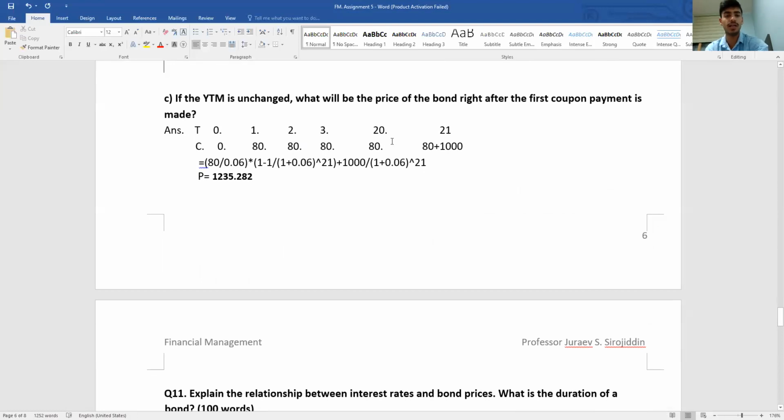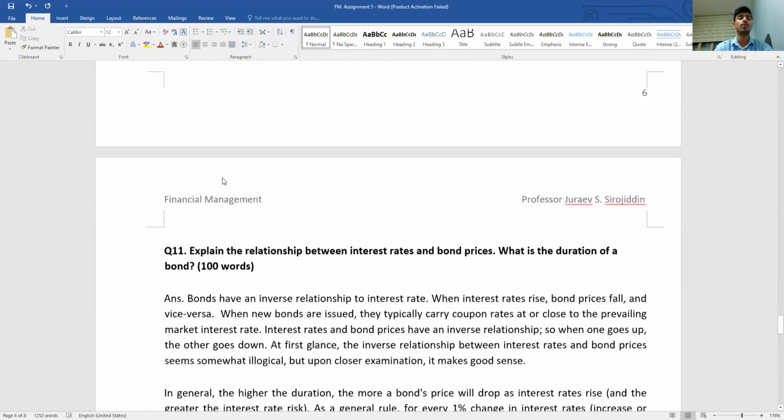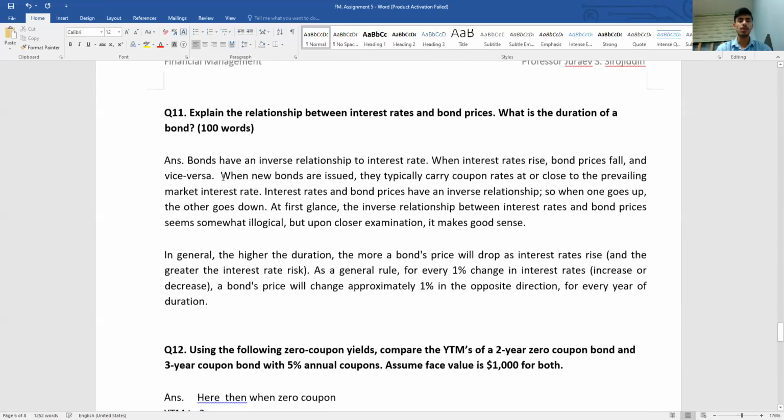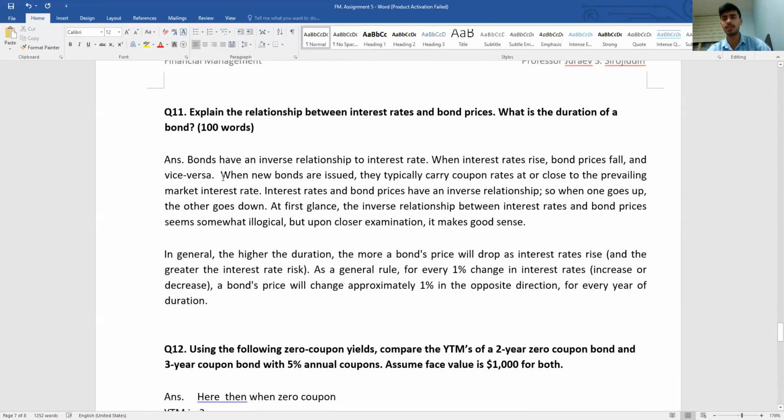We receive that much money except the first year's money, because in the question they say after the first coupon payment is made. So our answer is P equal to 1235.28.